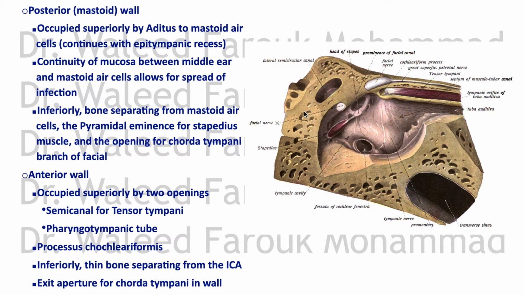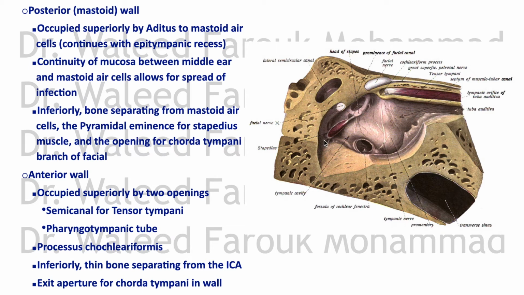And mastoid air cells, by the way, are not counted as paranasal air sinuses. Do you know why? Because it's not lined by respiratory epithelium. It's lined by simple mucosa. So the mastoid air cells are not part of the paranasal air sinuses.